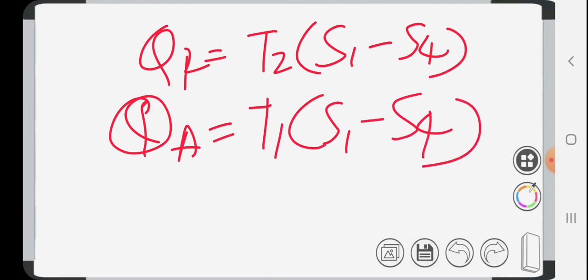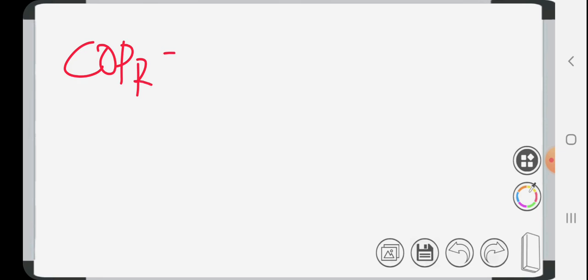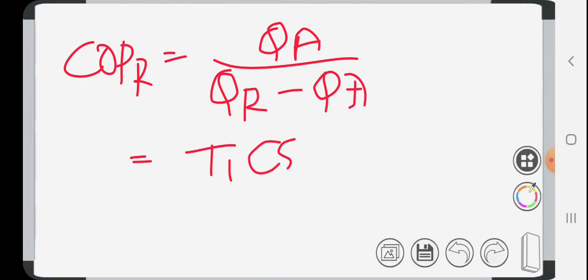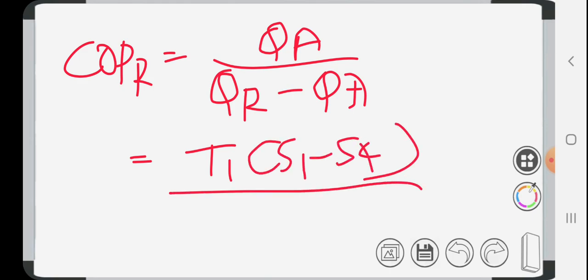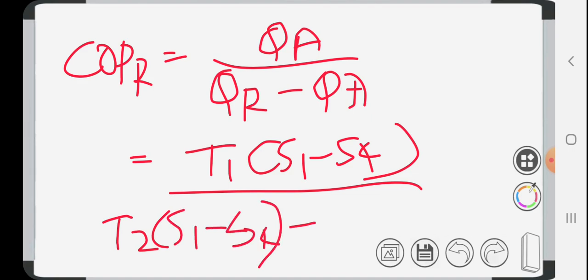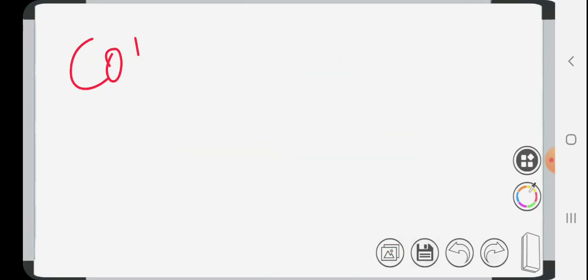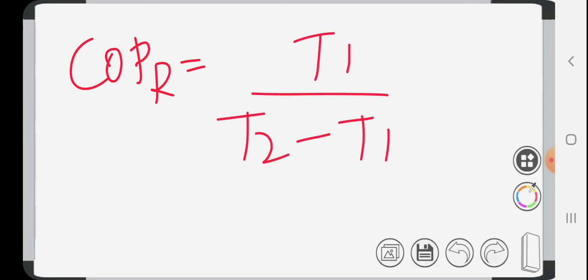So the COP of a refrigerator will be QA by QR minus QA, that is T1 into S1 minus S4 by T2 into S1 minus S4 minus T1 into S1 minus S4. Since S1 minus S4 is common, you can cancel that term. So you will get the COP of a refrigerator as T1 by T2 minus T1.